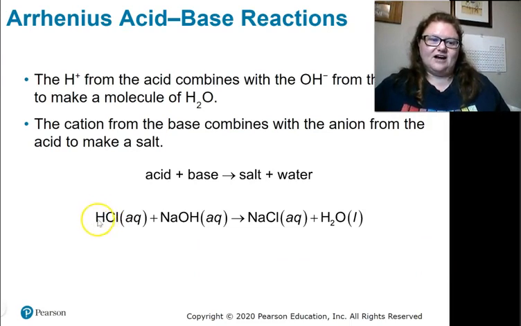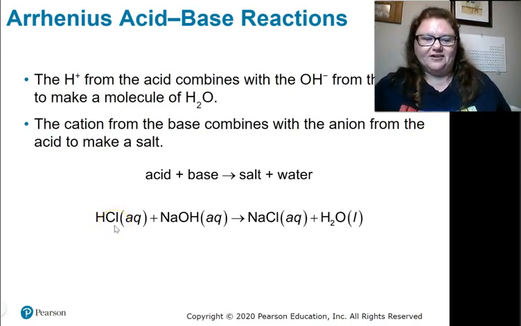It has a hydrogen, and it's bound to a very large electronegative anion. So this is very polar. You could argue ionic, but it is kind of polar. That's a whole other discussion. But this hydrogen would easily come off of that chlorine.